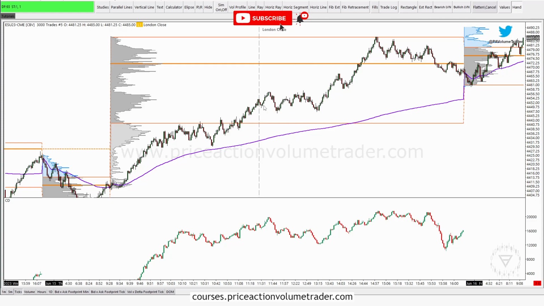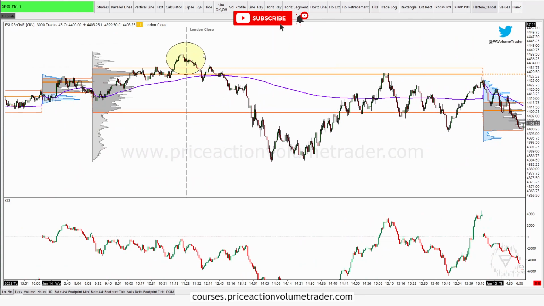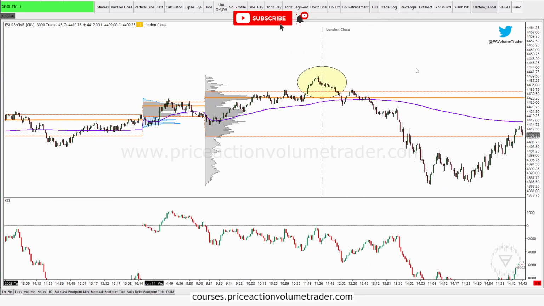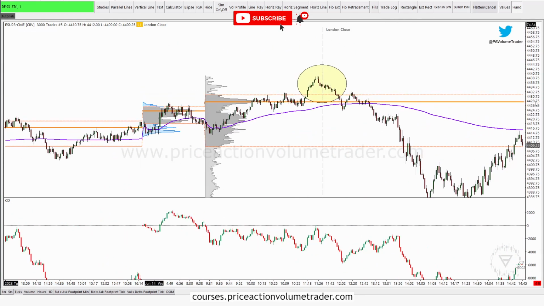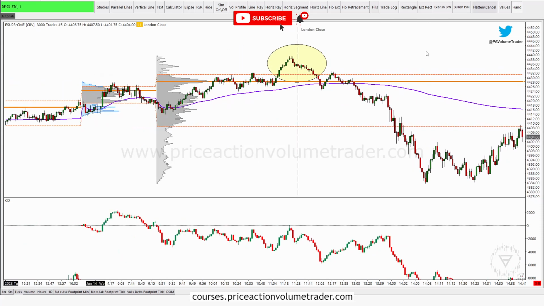But again, it was right around the Europe London close that the market sort of took a pause and started consolidating here. So usually you'll see some kind of changing flow. Even if the trend continues, there'll usually be some kind of change in the flows and liquidity in the market.